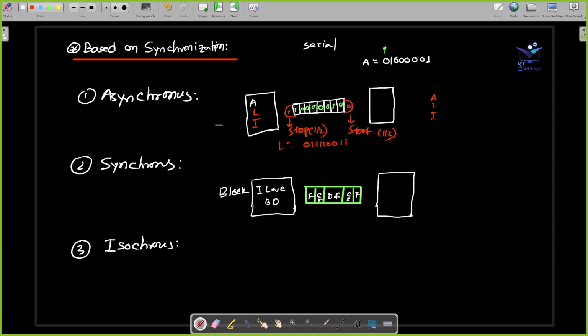So the asynchronous system passes data character by character, and synchronous data transmission transfers a block, which can contain many characters, and the character limit is 80 to 132 characters. The lowest limit is 80 and the highest limit is 132. After that, we receive this message and show it on our other device. So this is called synchronous data transmission.